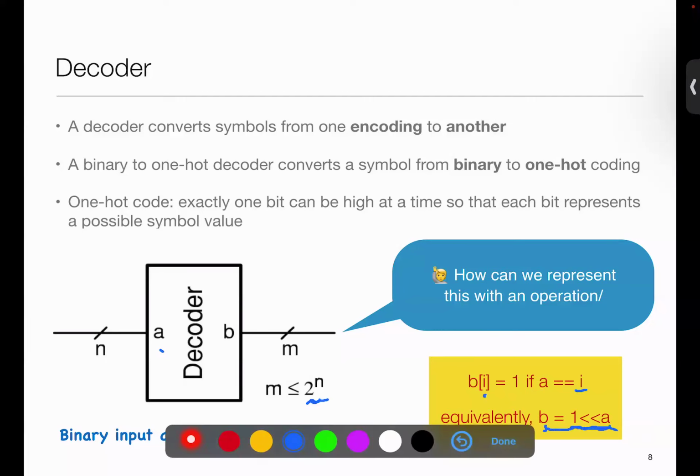If I think of A and B as numbers, then B is 1 left shifted by A. Or the sequence of bits in B is obtained by taking the number 1 and left shifting it by A. Or alternatively, if A is I, then the ith bit of B is 1.